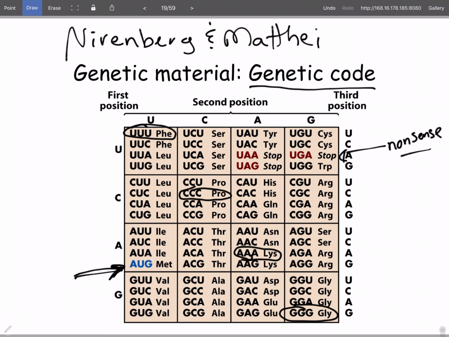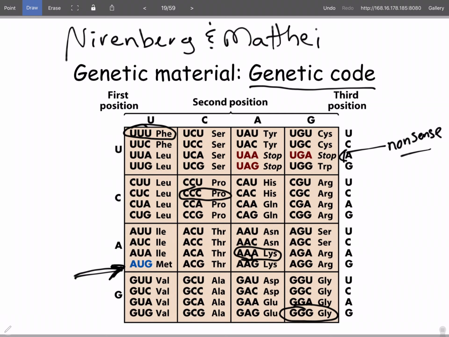They also found the degeneracy of the code, or the wobble, where at the third position, sometimes it doesn't matter what that third nucleotide is, right?